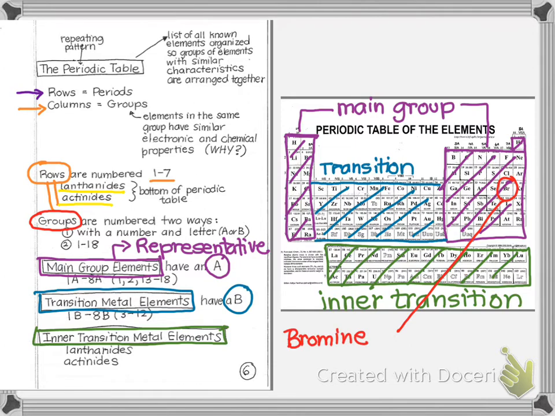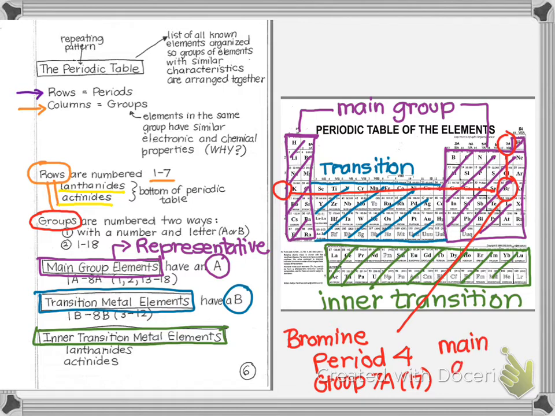So let's think, what do we know about it? Well, I can tell you looking over here, it's in period 4. Looking up here, I could say it's in group 7A or 17 if I was counting over. And then it is a part of the main group elements.